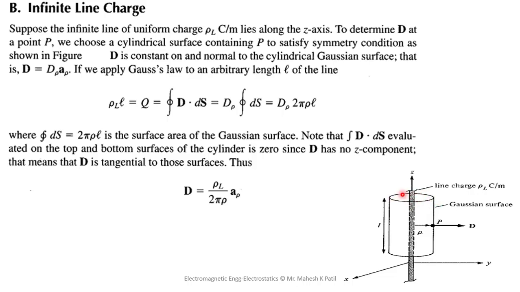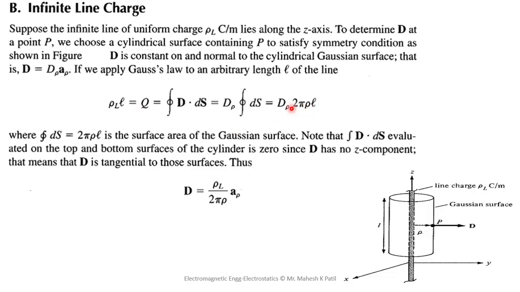The height of this cylinder is L, and the perimeter or circumference of this circle is 2 pi r. How long will this 2 pi r go? It will go L times. So the total area is 2 pi r into L. Rho L into L equals Dr into 2 pi r L.